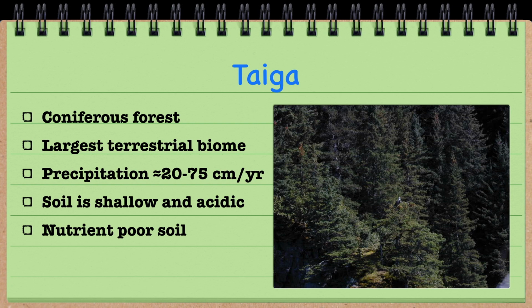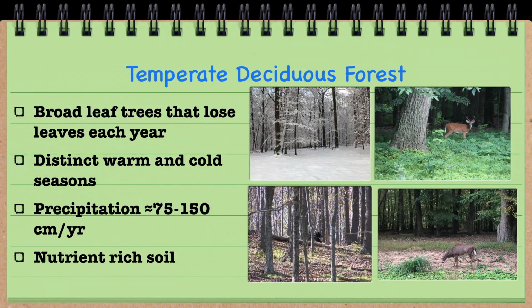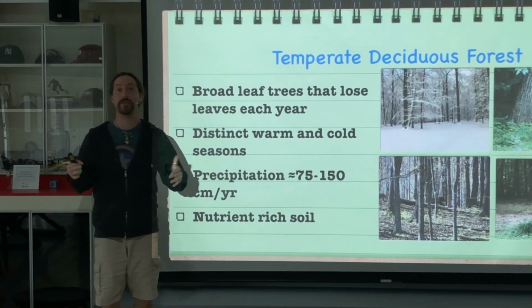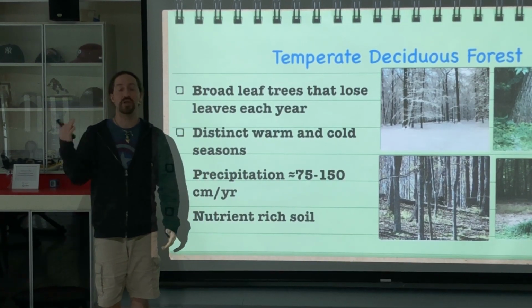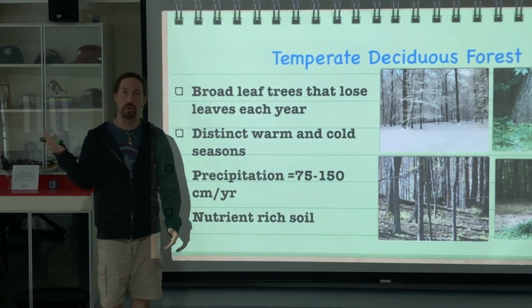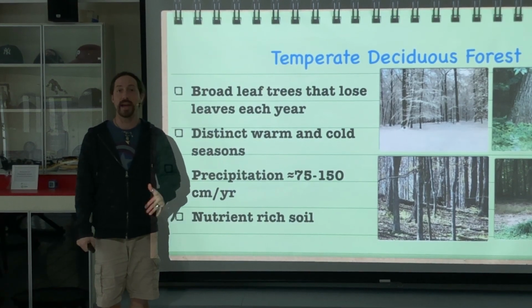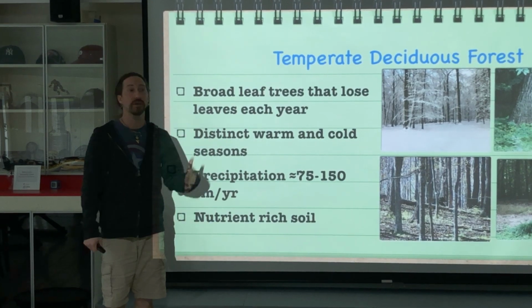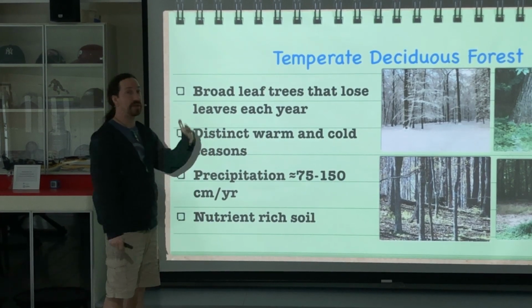From the taiga, moving in a little bit more, we end up with the temperate deciduous forest. Temperate deciduous forest is categorized by the broadleaf trees that it contains, which drop their leaves as you enter into the colder and darker months, and then grow new leaves as they enter into the warmer and sunnier months. So that is a deciduous tree.